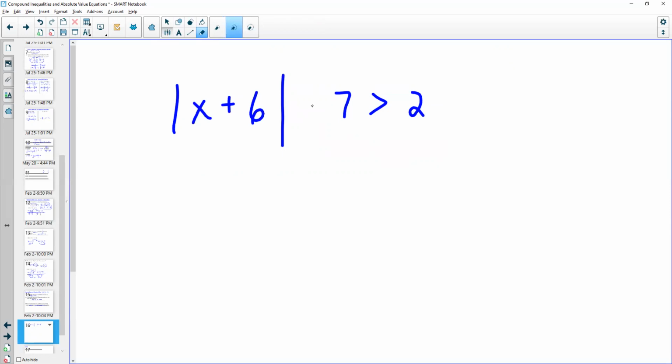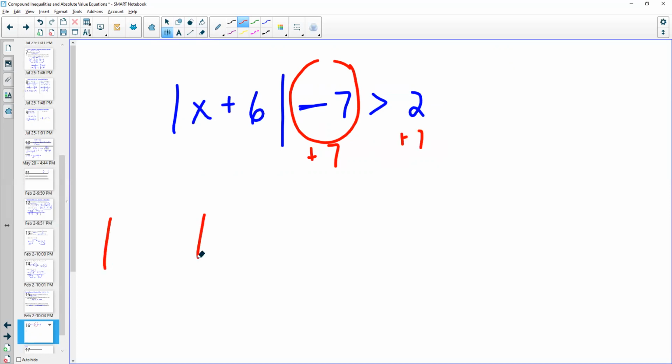Okay, I cannot do two cases of this first. The first thing I have to do before I make my two cases is add that 7 to the other side. Before I do my two cases, I have to have my absolute value alone on the left or right and my number alone on the other side. I can't have extra numbers floating around.